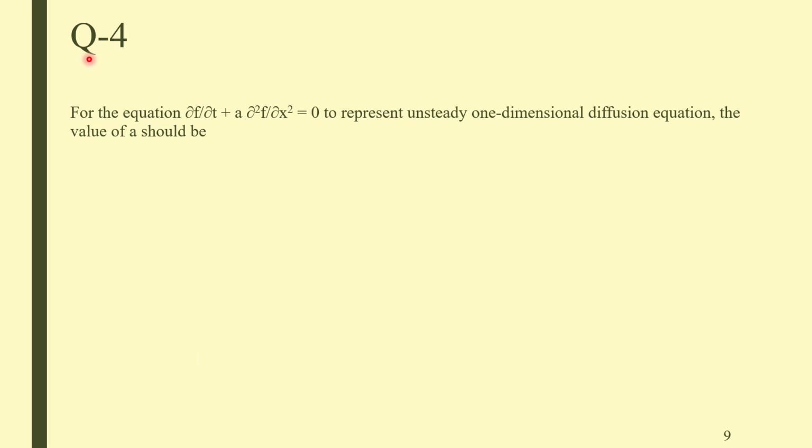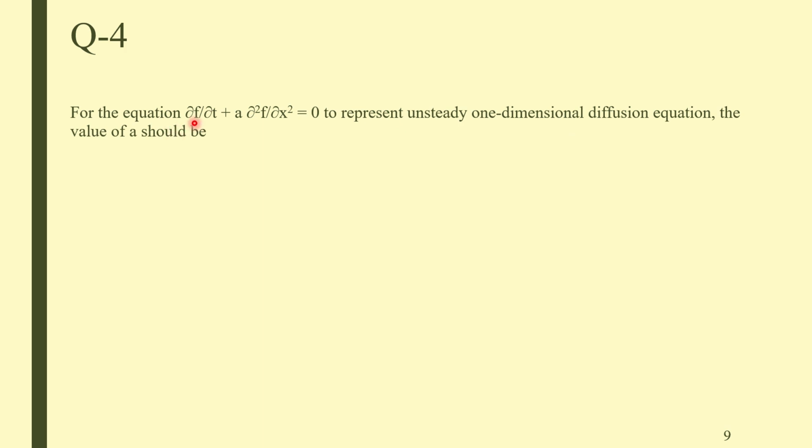So now it is question 4. It is given that for the equation dou f by dou t plus a dou square f by dou x square is equal to 0, to represent an unsteady one-dimensional diffusion equation, the value of a should be. Here the question is the reverse of the one asked in the second problem.